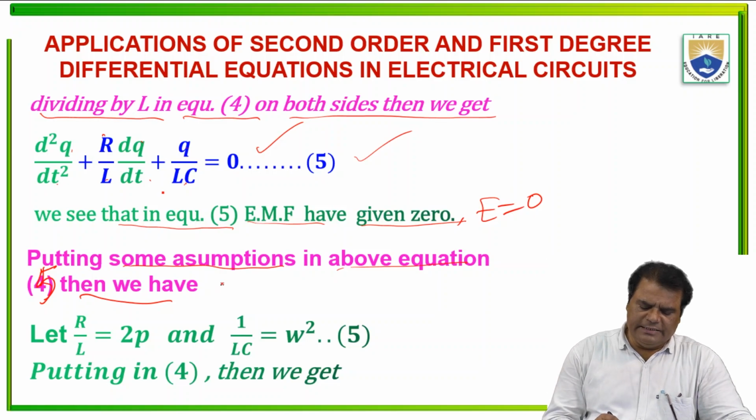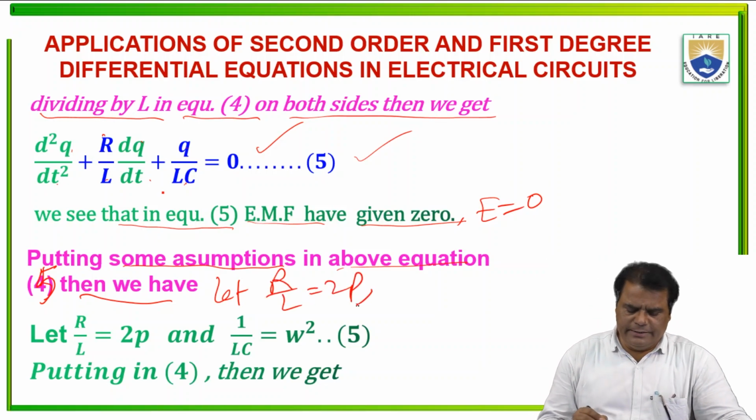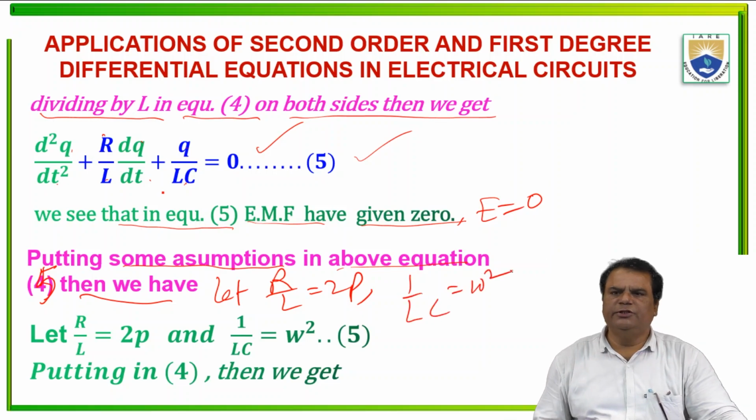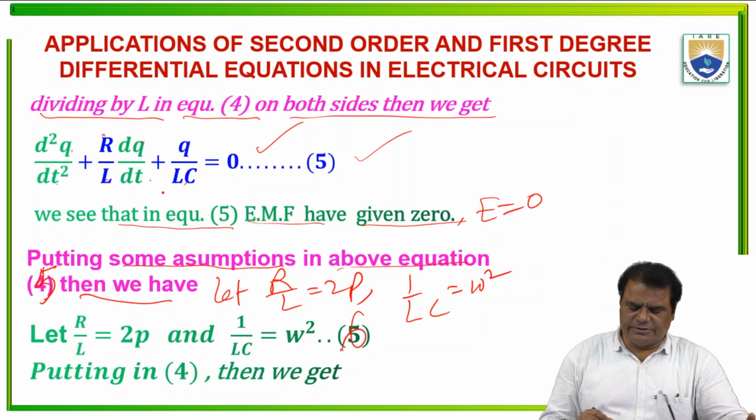Considering the assumptions, let R over L equal 2p and 1 upon LC equal W square. These two assumptions we are considering here. This is equation 6.